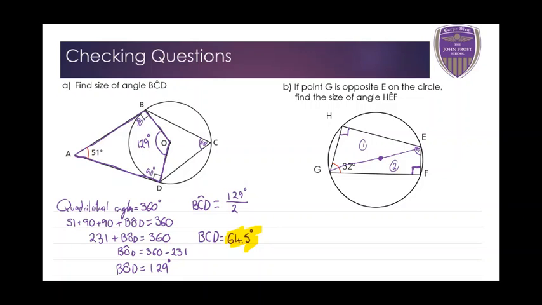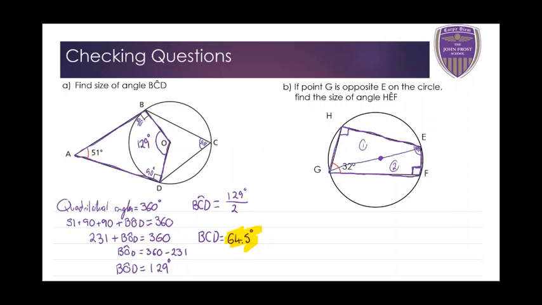And if you recognize the shape at the start of the question, it was another quadrilateral, another four-sided shape over here. We've just reminded ourselves that all angles in a quadrilateral add up to 360 degrees. So that must mean that the angle HEF added up to all the other angles has to equal 360 degrees.